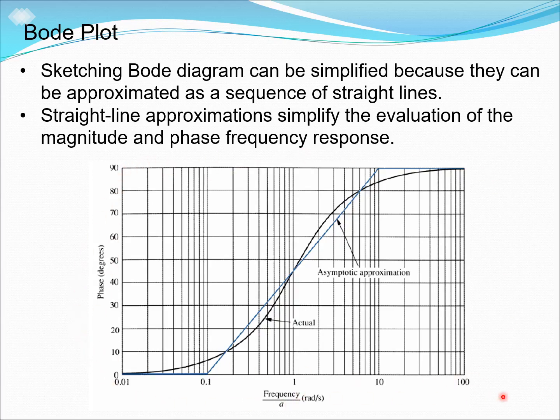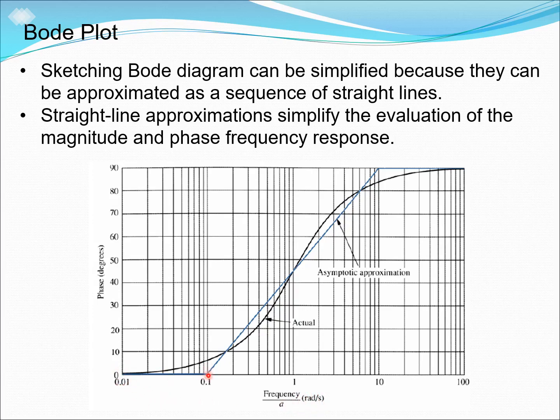So this is an example of a phase shift plot for a frequency response. On the y-axis, we can scale the phase angle in degrees, starting from 0 to 90 degrees, and the horizontal or x-axis over here is scaled in frequency, or radian per second.